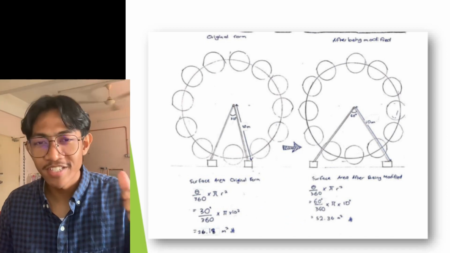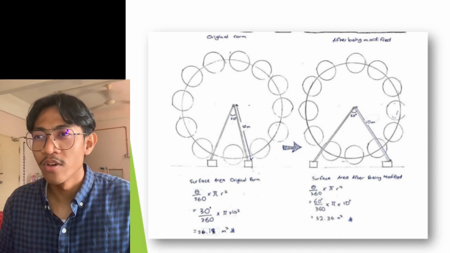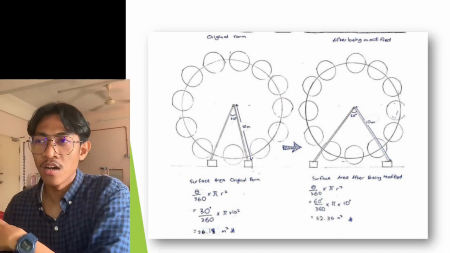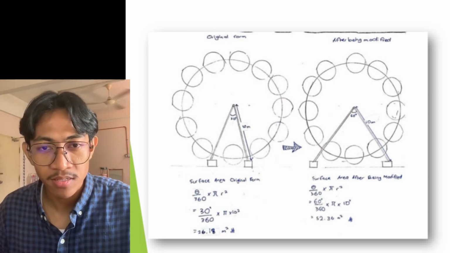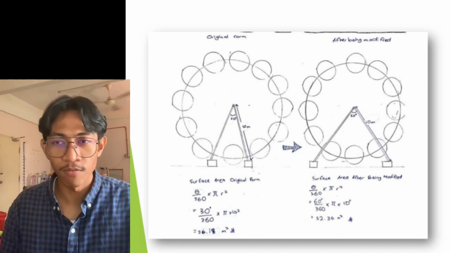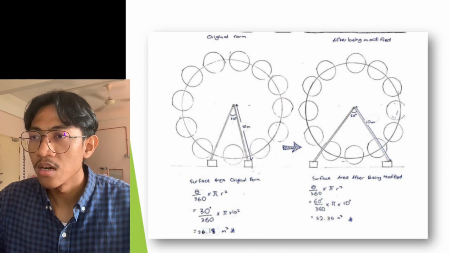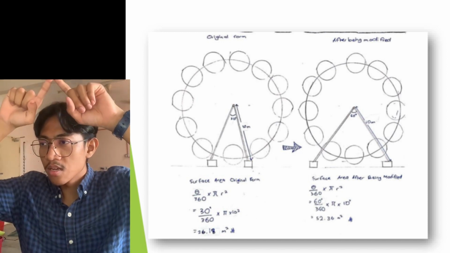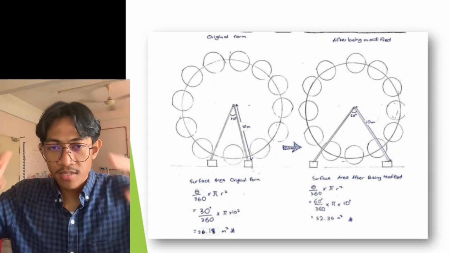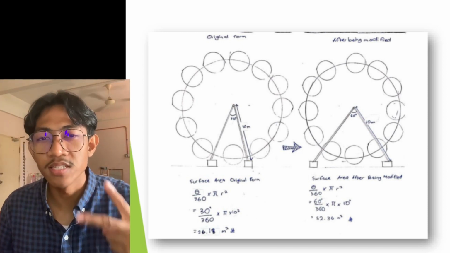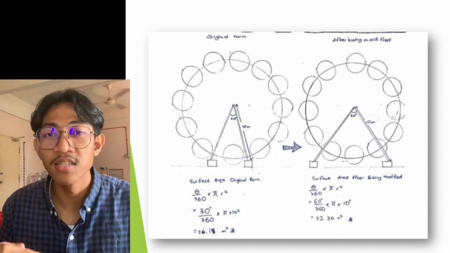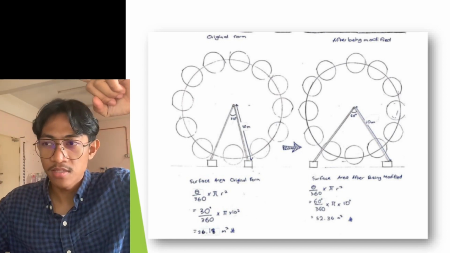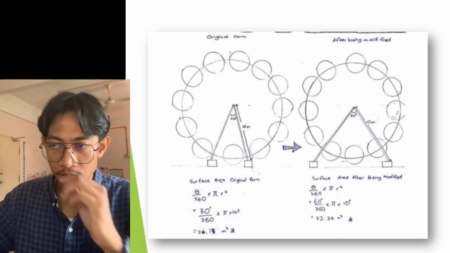If you can see the illustration in my background, we have the original Ferris wheel and after being modified. Okay, back to the original form. The angle theta at the center is 30 degrees, and the radius from the center to the surface is 10 meters.